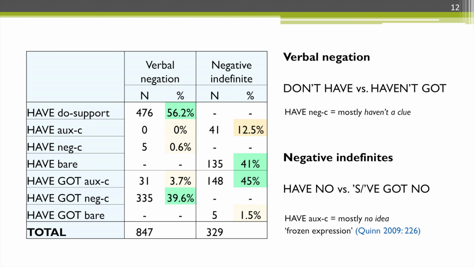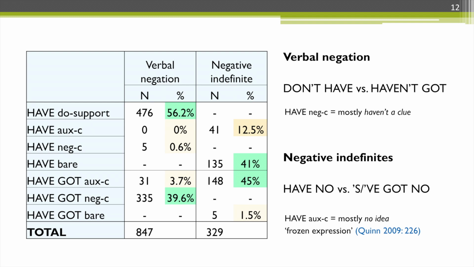So from this result, we can say it looks like have is lexical in mainstream British English as represented in the corpus, whereas the auxiliary function is not as productive. With the negative indefinites, the main distinction is between have no versus contracted have got no, like he's got no, for instance.